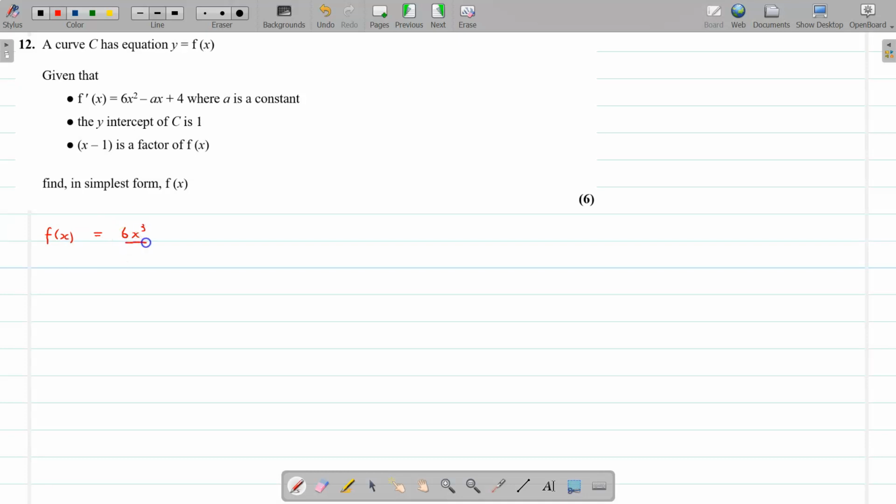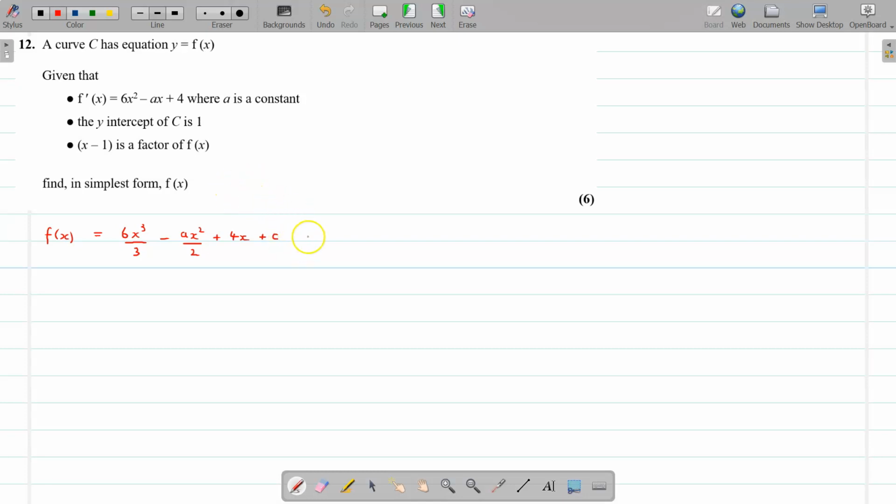I'll simplify it in a moment. Let me just leave it like that for now. Minus ax squared over 2. And I've also got plus 4x plus c. Now you do need a plus c here because this is an indefinite integral.